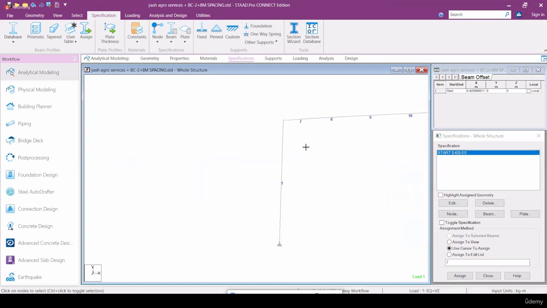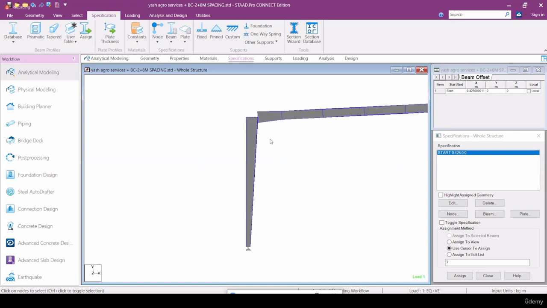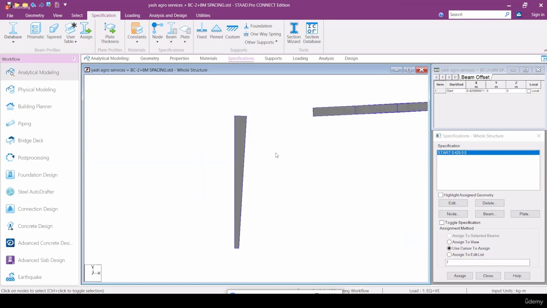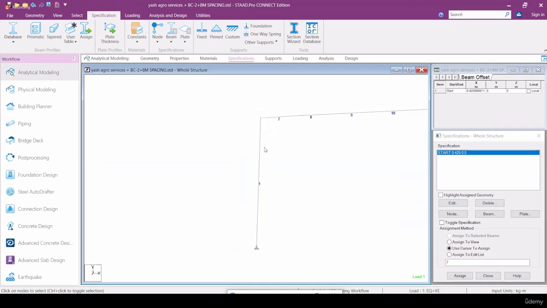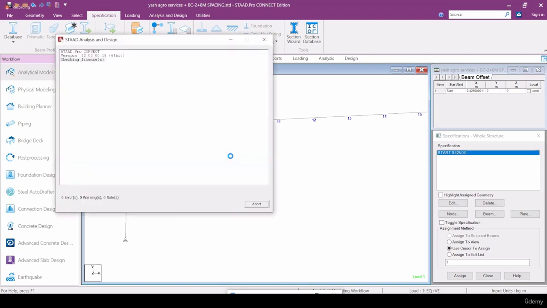I think you are asking like this only, right? Yes, I was asking the same. Yes, practically it will be done like this only. There will not be any strength reduction due to this. After assigning the offset properties, will it affect the result? Yes, of course. Why not? I'm running the analysis here so that you can observe.